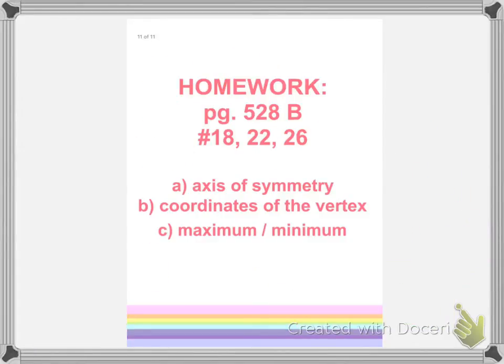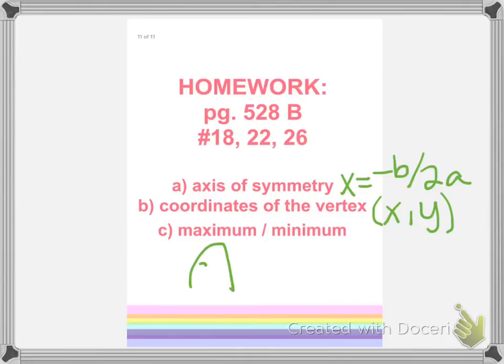So axis of symmetry will always be x equals -b over 2a. Vertex is always a point. And then maximum or minimum: it's a maximum if it opens down, so if a is negative, it's a minimum if it opens up, when a is positive. Three questions.